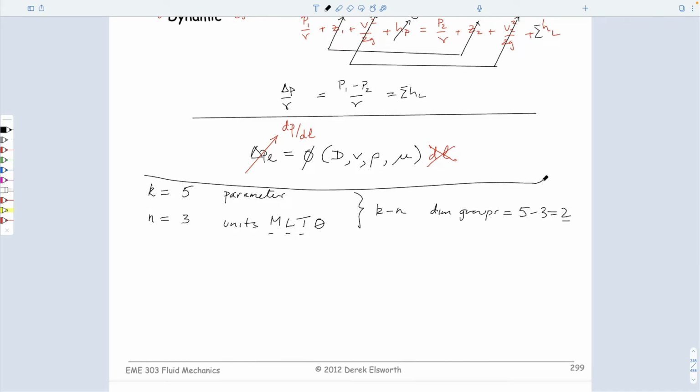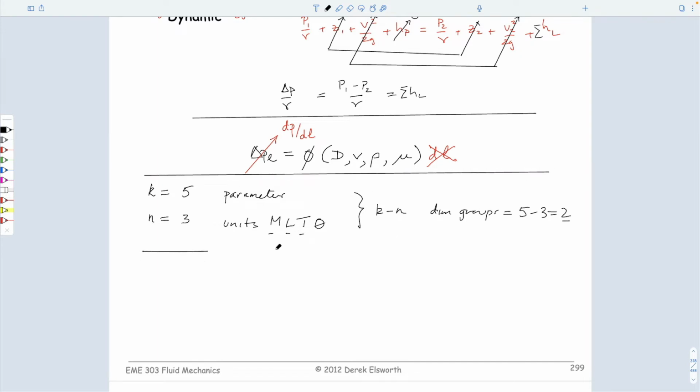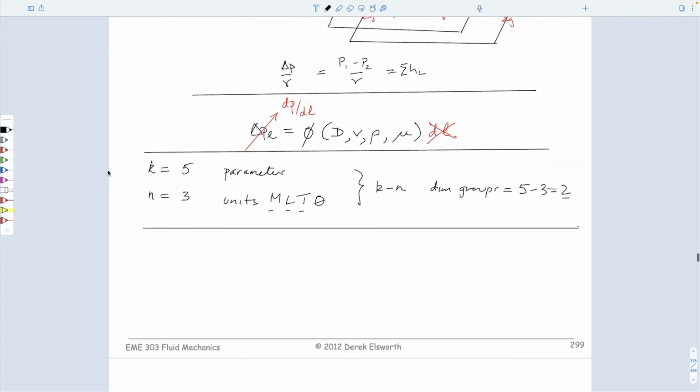So that's our first step. You can follow the steps in the stuff I've written up in my notes, but this is a bit clearer perhaps. Step 2, choose repeating variables. There's kind of an art to this. The dimensionless variables you get will differ depending on the repeating variables you choose. But let's choose diameter, velocity, and density.